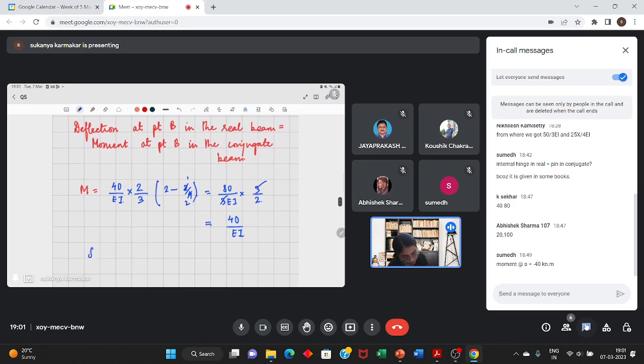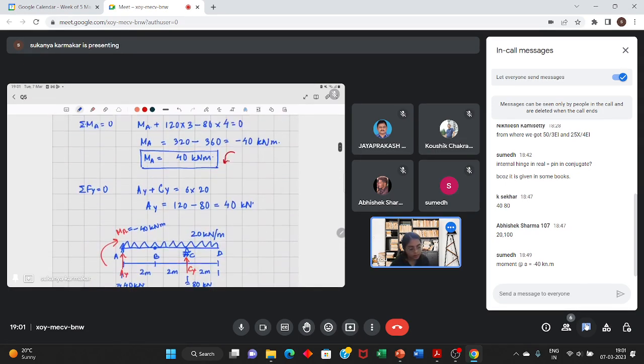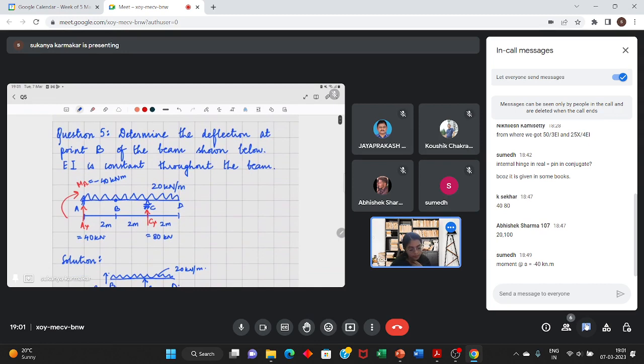So the deflection at point B in the real beam is 40 by EI. And how will this beam deflect? You can draw its deflected shape. This part will go like this. This part will go like this.